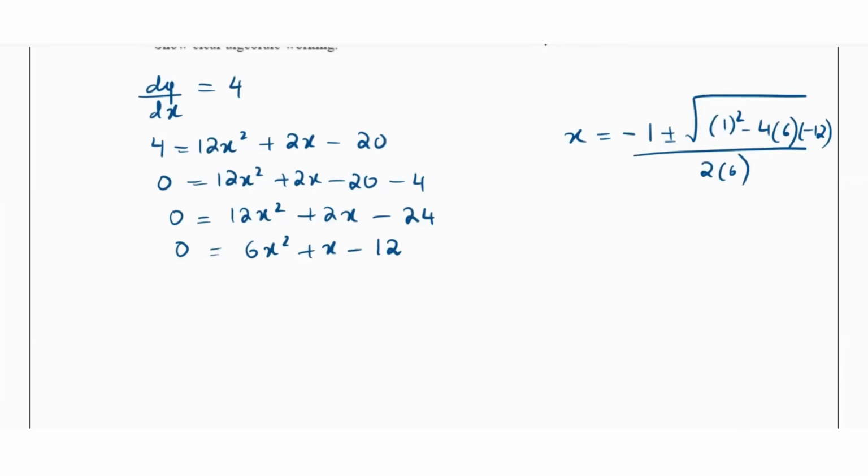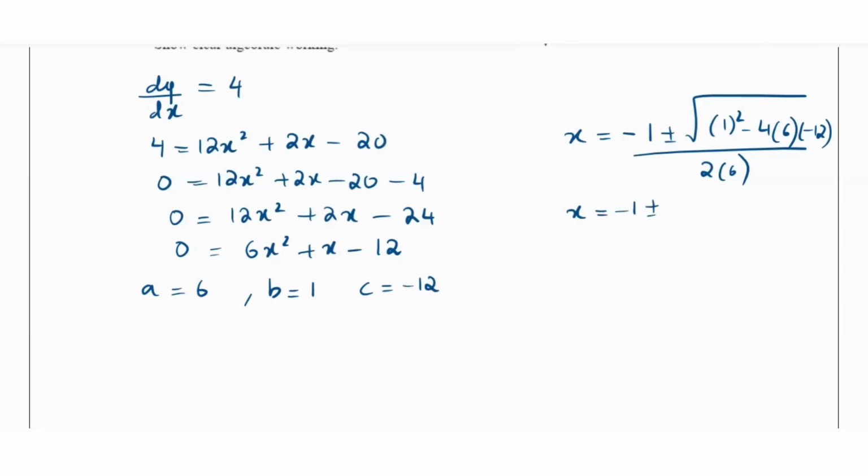If you're confused about what I did in the quadratic formula, your A value is 6, which is the coefficient of x squared, B is the coefficient of x, and C is your constant. So we just substitute these in the formula, and this formula will be given to you in the formula sheet in case you don't know the formula.